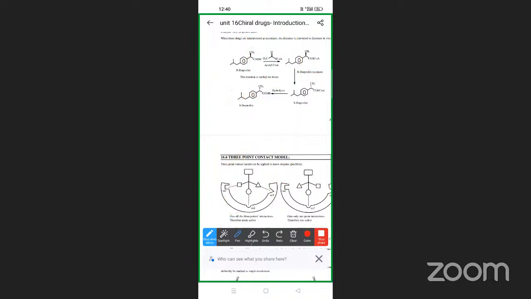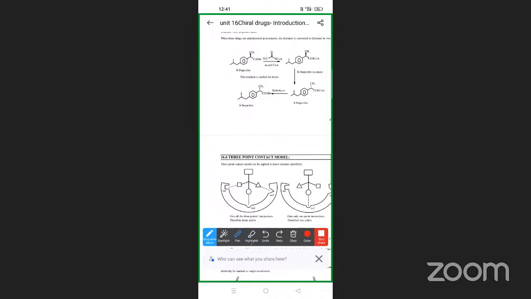So these are the 5 cases in the chiral drugs. Case one is when the eutomer has serious side effects. The second case, the eutomer has less side effects.